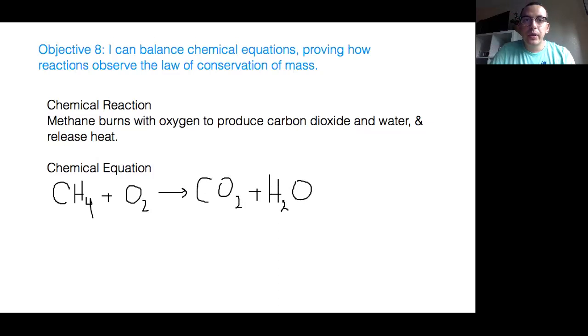So in a chemical reaction, this is what we see and what happens in front of us. A chemical equation is a way that we model it.